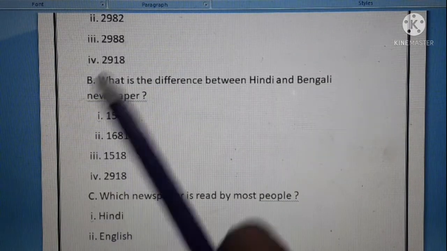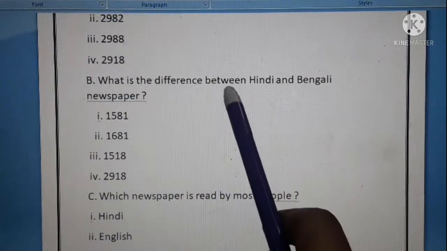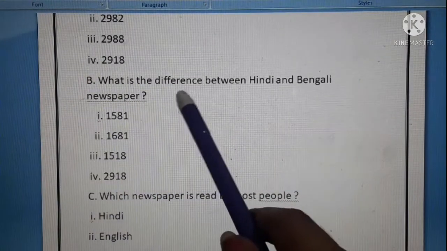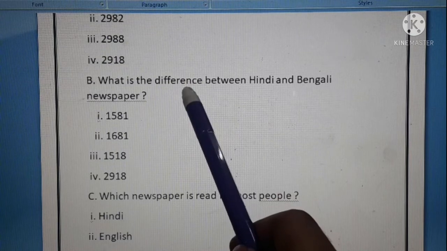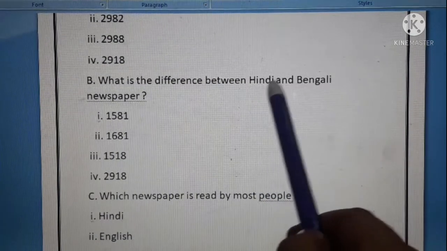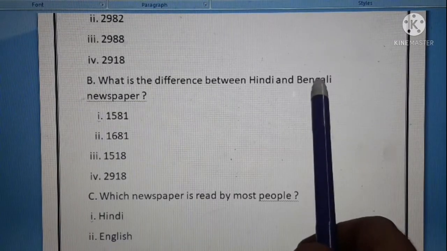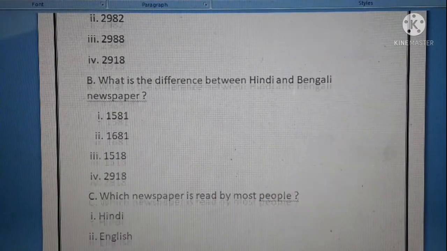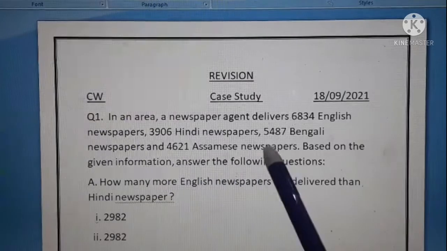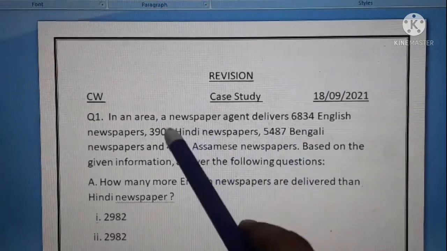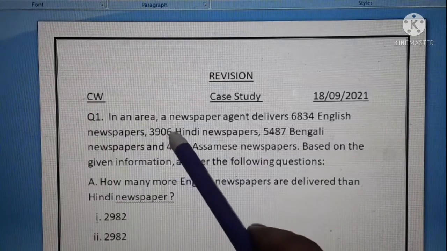Then the next one: what is the difference between Hindi and Bengali newspapers? The word difference is put here. That means you have to subtract the number of Hindi newspapers from the Bengali newspapers. Okay, now let's see, you can see here Bengali is 5,487, whereas Hindi is 3,906.